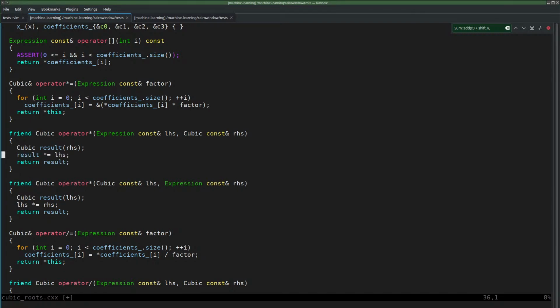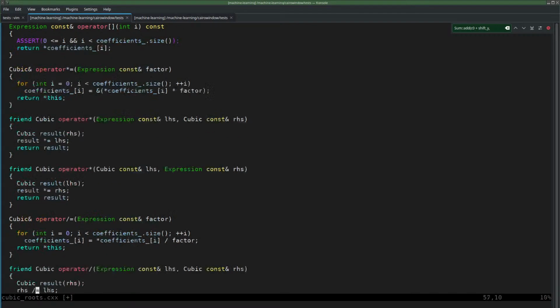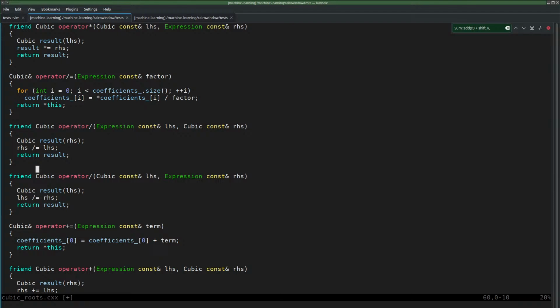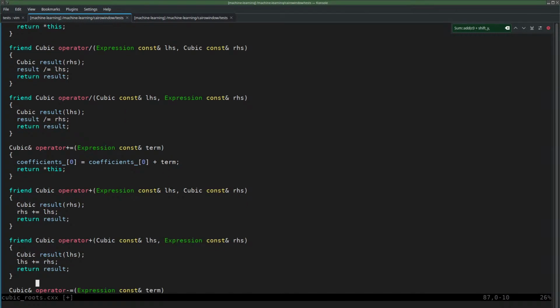Result. Oh no. The right is the result is a copy, yeah. The left hand side, so this should be the result. Now we have to change it in 8 places or something. Result, left hand side is result. The right hand side is result. The left hand side is result.